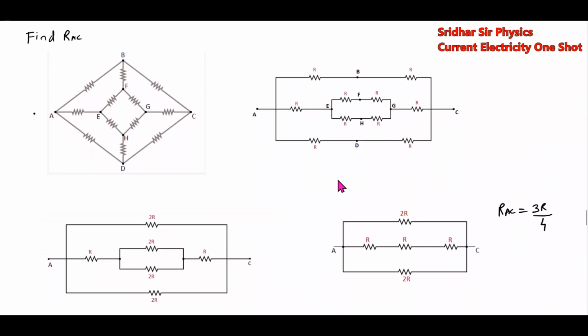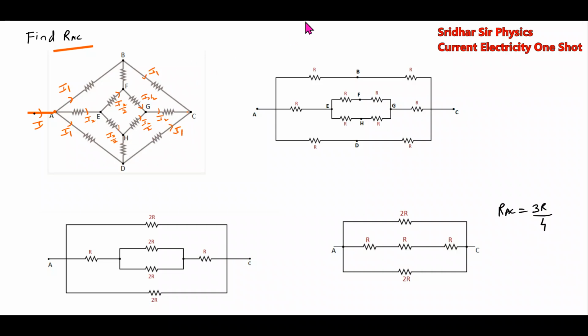Next, again, I just solved it. The current distribution: we have to calculate the effective resistance RAC about these two points. Here the current I will come. It will branch like this, I1, I1, here I2, I2 by 2, I2 by 2, I2 by 2, I2 by 2, and it will combine to I2, and this will be I1, and this will be I1.